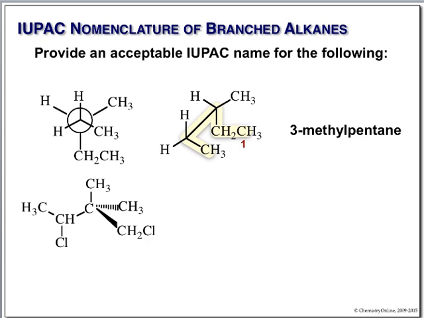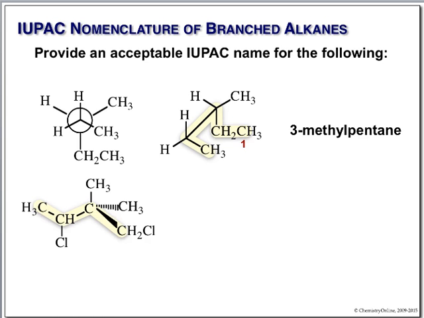Now we need to come up with a different parent, don't we? Because we want the most substituents. So we're going to want this to be our parent. This way we have chlorine as a substituent, another chlorine, and two methyl groups as substituents.